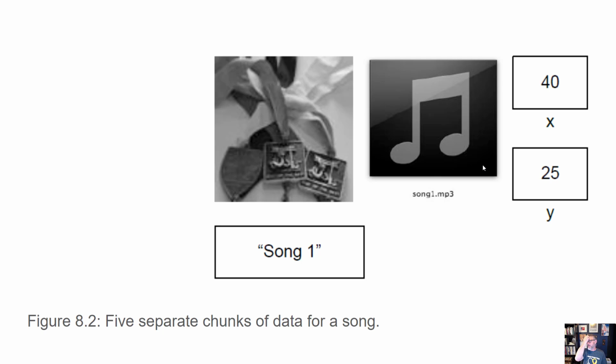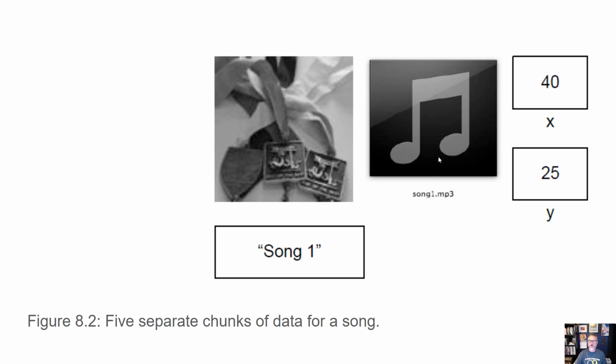And if you think about it, there were actually 5 separate pieces of data that represented every song. So we have the image that's displayed, a title, which is a string, and its X and Y location where all of this stuff has to be displayed.